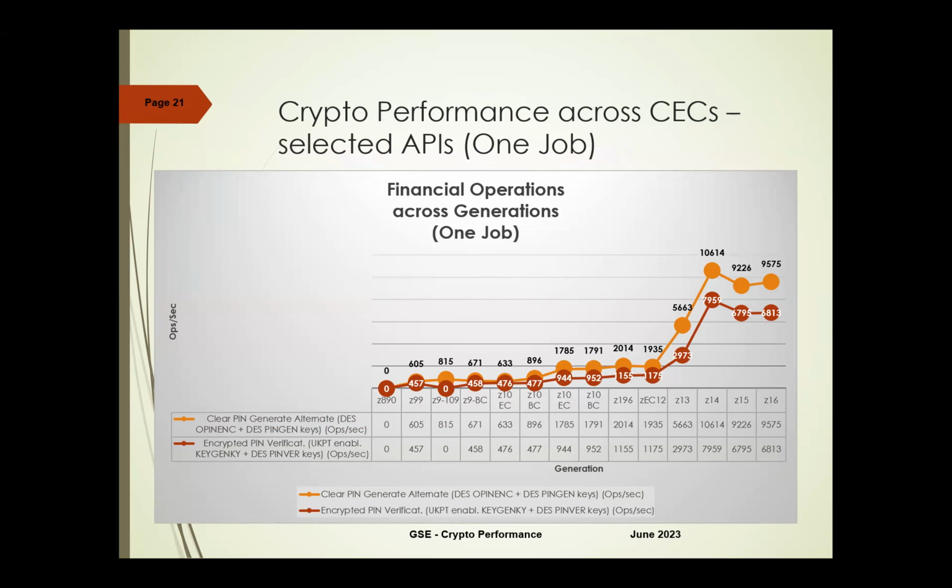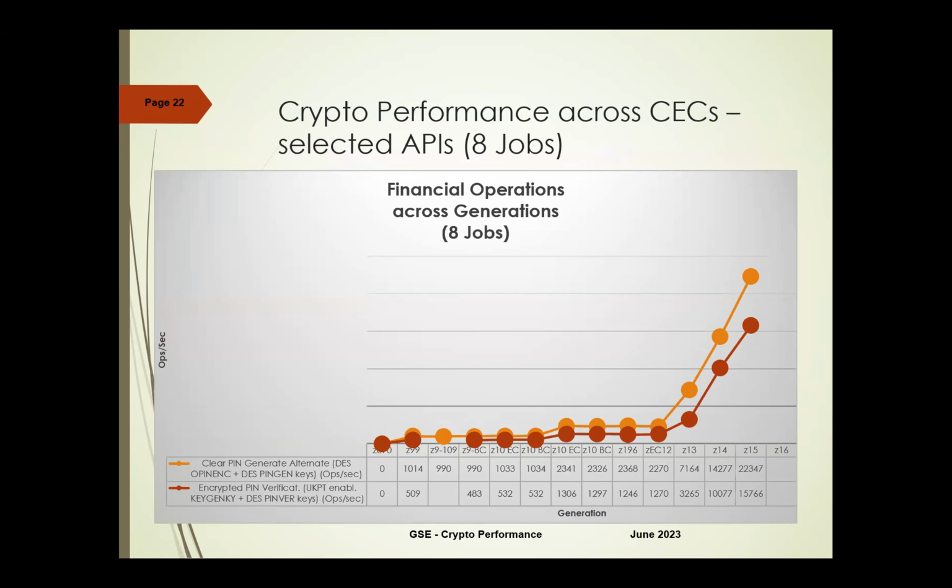And again, this is showing one operation at a time. On slide 22, we're showing the same APIs, but doing multiple operations, sending more work through the card. And again, because of the multi-threading capability, we can get a lot more work through the cards by multi-threading.